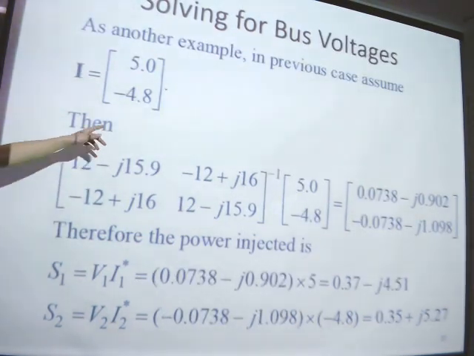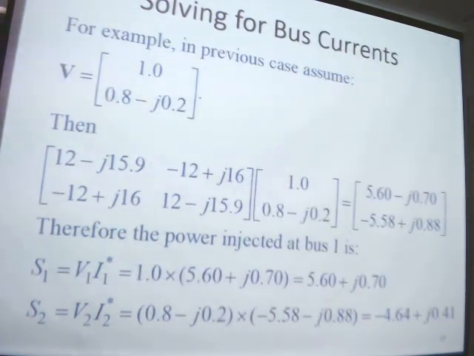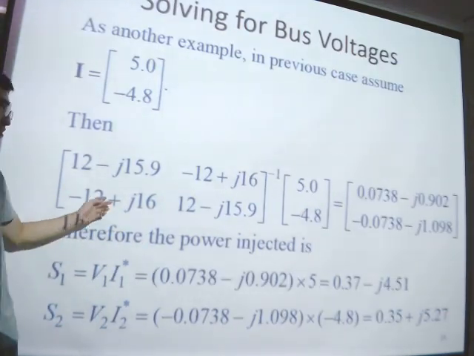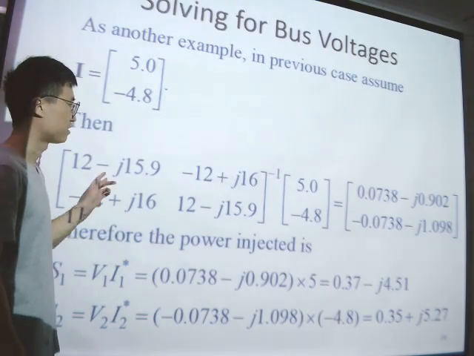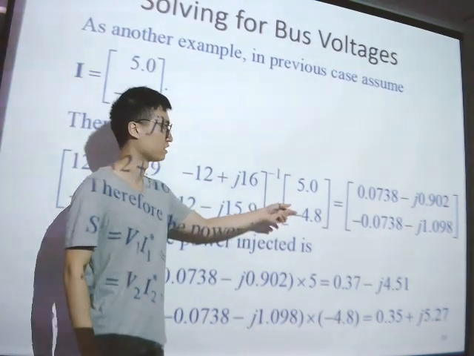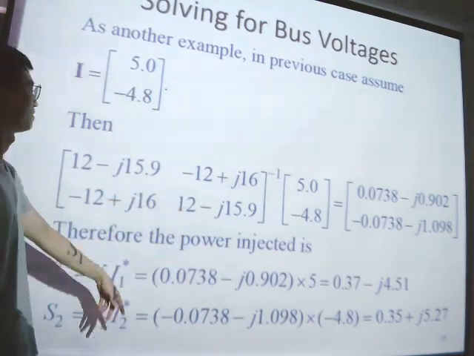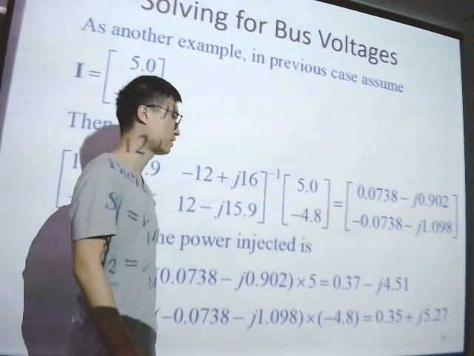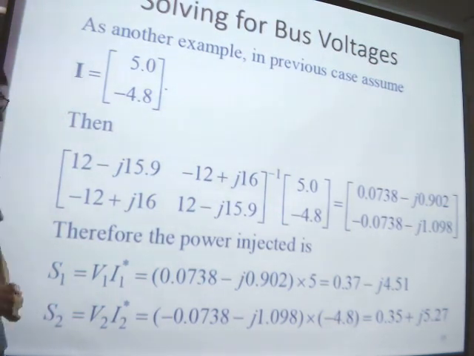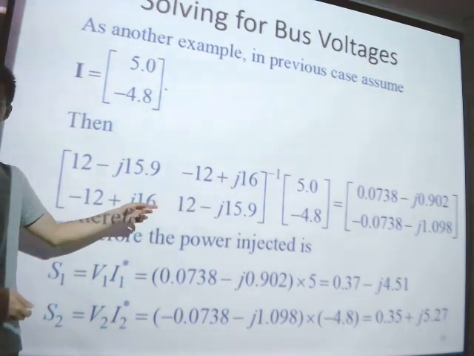Also, if we know the current, then we can get the voltage by a similar method: the inverse of the matrix multiplied with the current is equal to the voltage. Okay, so here's the question.